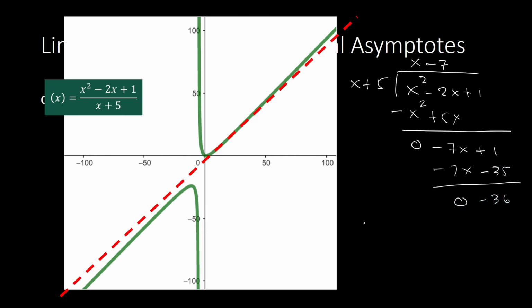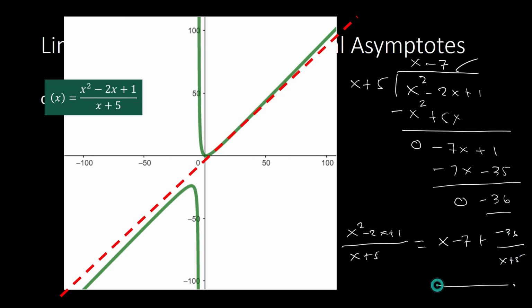How do you write the result of this division as one equation? What this means is x squared minus 2x plus 1 divided by x plus 5 is equal to x minus 7 plus the remainder, and of course divided by x plus 5. That is how you write the result of your long division.